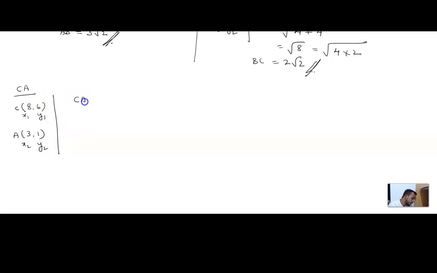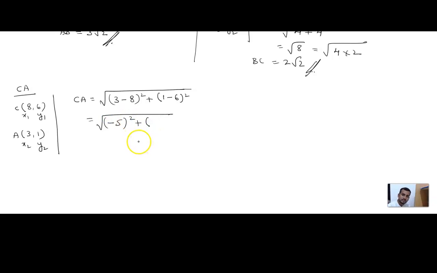So CA is equal to root of x2, that is 3, minus x1, that is 8, whole square, plus y2, that is 1, minus y1, that is 6, whole square. Is it correct? No, it should come under square root. No, it is correct. That is equal to root of 3 minus 8. In 3, can we subtract 8? No. So minus. Then 8 minus 3, that is 5 whole square, plus 1 minus 6. In 1, can we subtract 6? No.